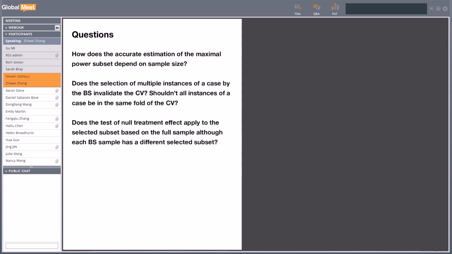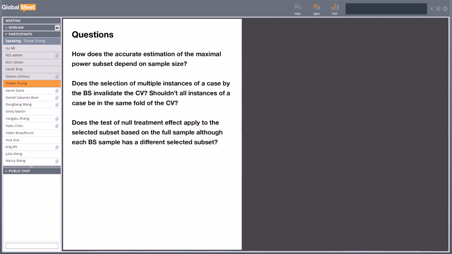Yes. First, I want to thank Dr. Simon for the insightful comments and thought-provoking questions. First, let me try to answer, or not answer, the question about the impact of the sample size.